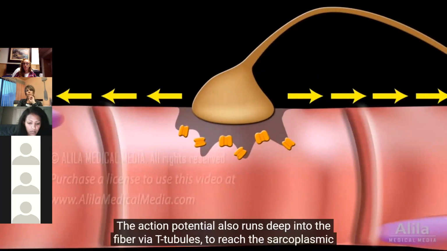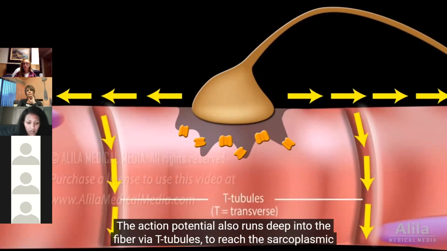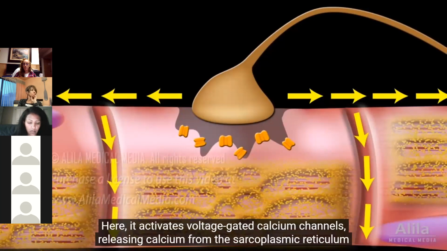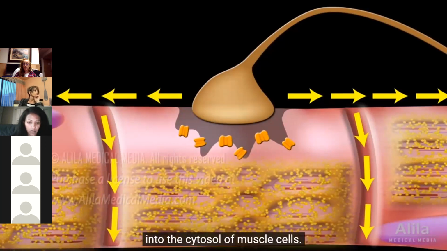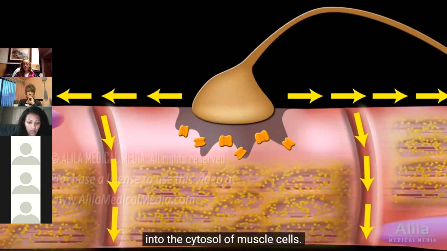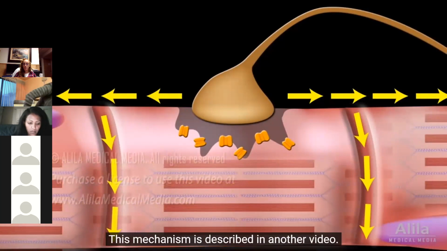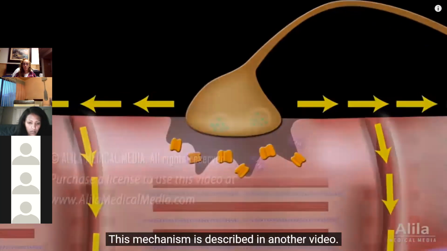fiber. The action potential also runs deep into the fiber via T-tubules to reach the sarcoplasmic reticulum. Here, it activates voltage-gated calcium channels, releasing calcium from the sarcoplasmic reticulum into the cytosol of muscle cells. Calcium then sets off muscle contraction by the sliding filament mechanism. This mechanism is described in another video.